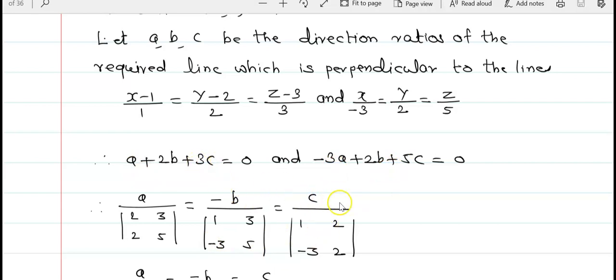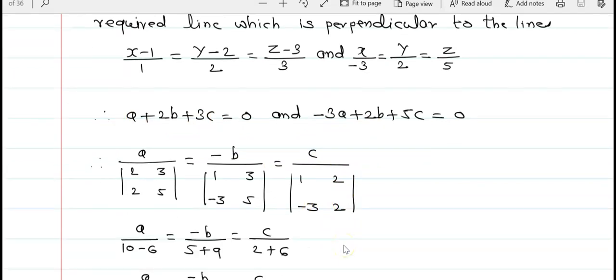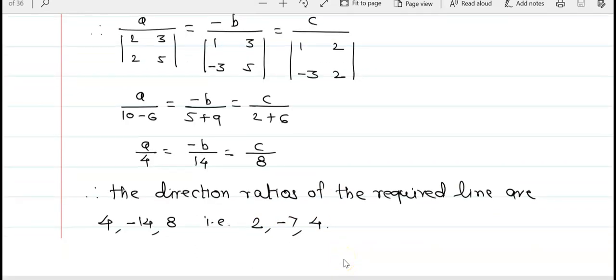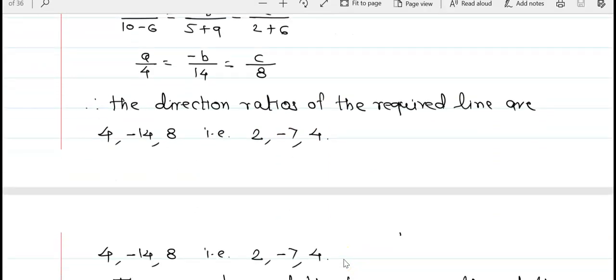And for c, it is 1, 2, minus 3 and 2. Evaluate this and you will get a, b, c as 2, minus 7, 4. These are the values of a, b, c.